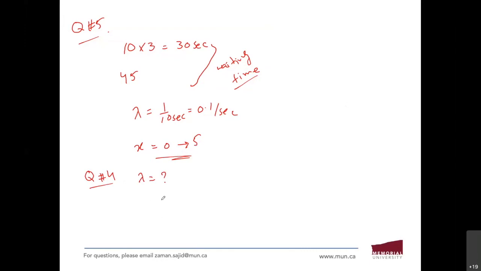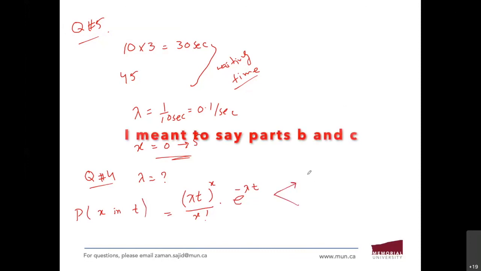So you will use the formula of Poisson distribution which is based on time. If I recall that correctly, it was (lambda t) to the power x over x factorial, times e to the power minus lambda t. This is the formula when you want to find the probability of x in time t. That's what you need to use in both part A and part B.